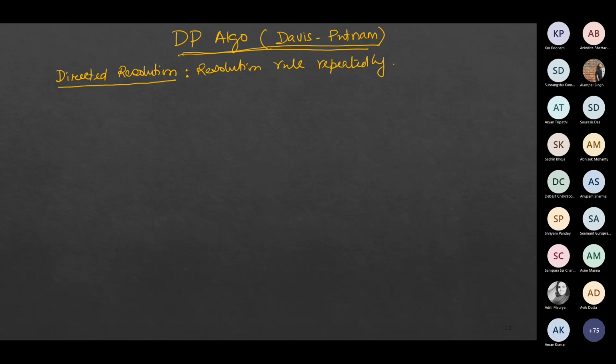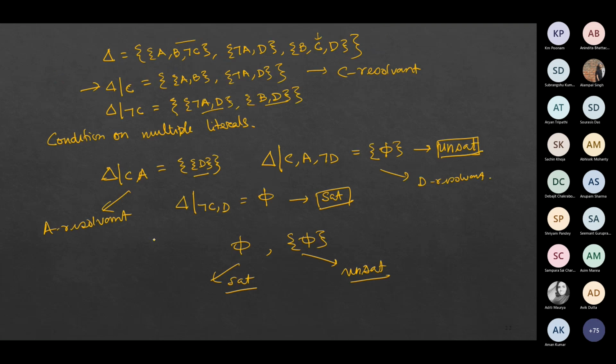Now, try to look at the kind of method that I'm trying to illustrate. We are picking up a literal or a variable, performing a resolution, and then going to the other variable or literal. Can you do that in any order? Well, we could have done this A resolution first and then say C resolution. We'll have a similar kind of output. I want you to check that.